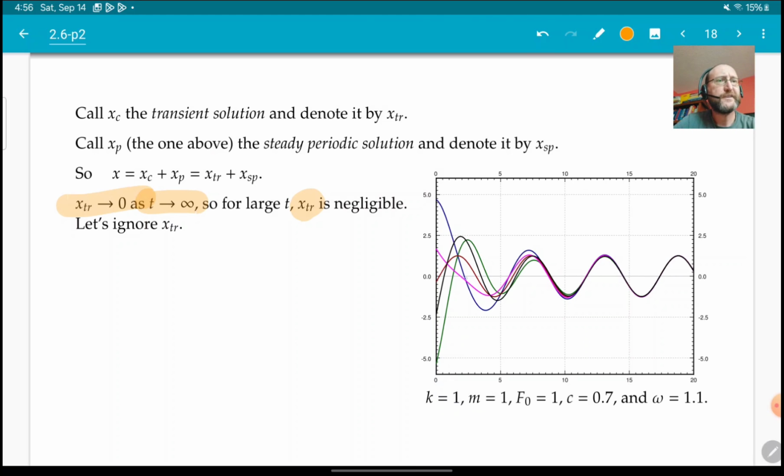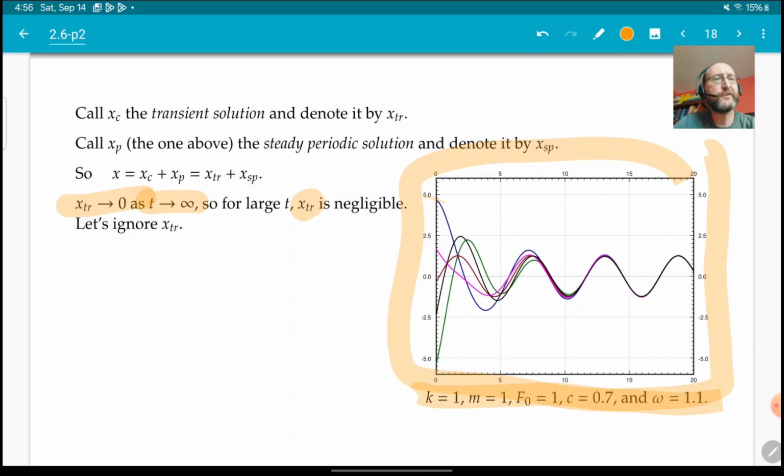So here you have a graph of solutions, for some values, maybe not too important, but for a number of different initial conditions, right? And so you get different solutions, but you can see that as time goes on, as t becomes 5 and then 10 and then 15 and then 20, basically over here, I can't really see the difference between the different initial conditions, right?